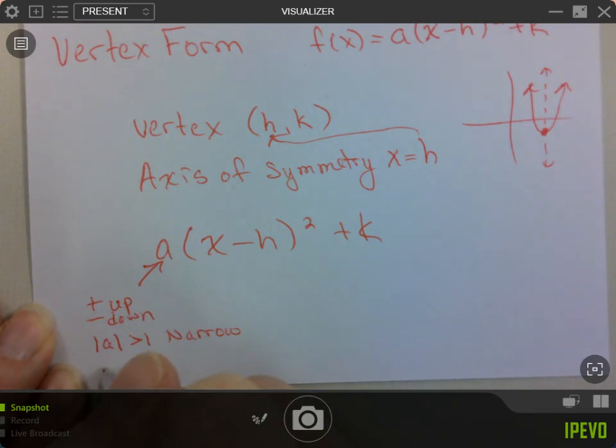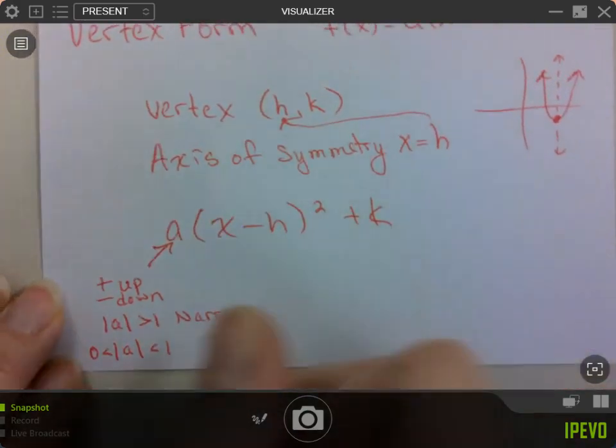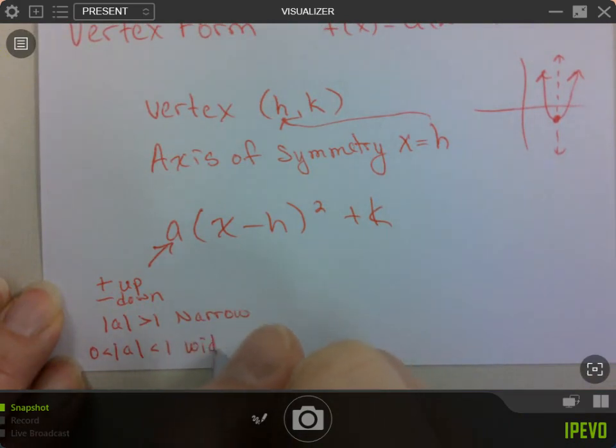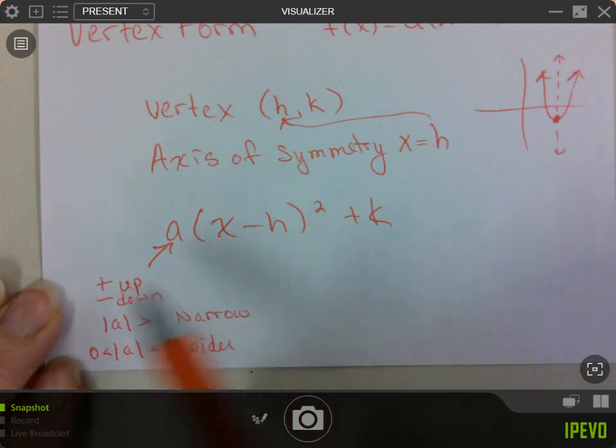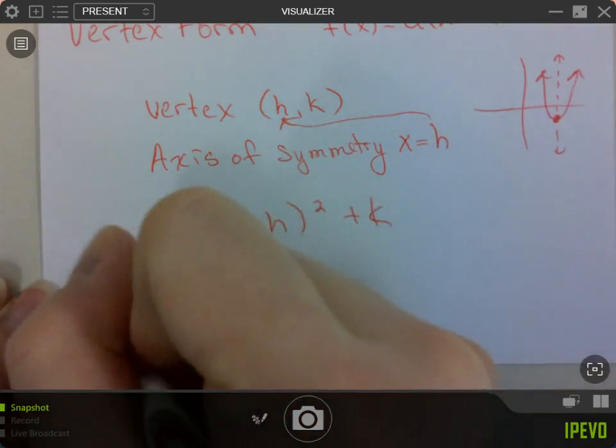If the absolute value of A is between 0 and 1, or between -1 and 1 where it's not 0, then it's going to be wider. Now, the technical terms are stretches: vertical stretch, horizontal stretch. We have that on the front. So I'm going to put a star there.